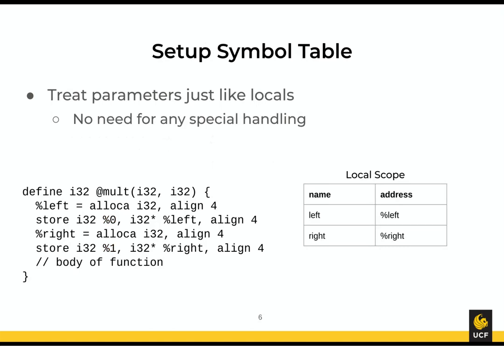The nice thing about this is that we can just treat parameters as if they're local variables. So we add them to our local symbol table, the same way we add local variables.